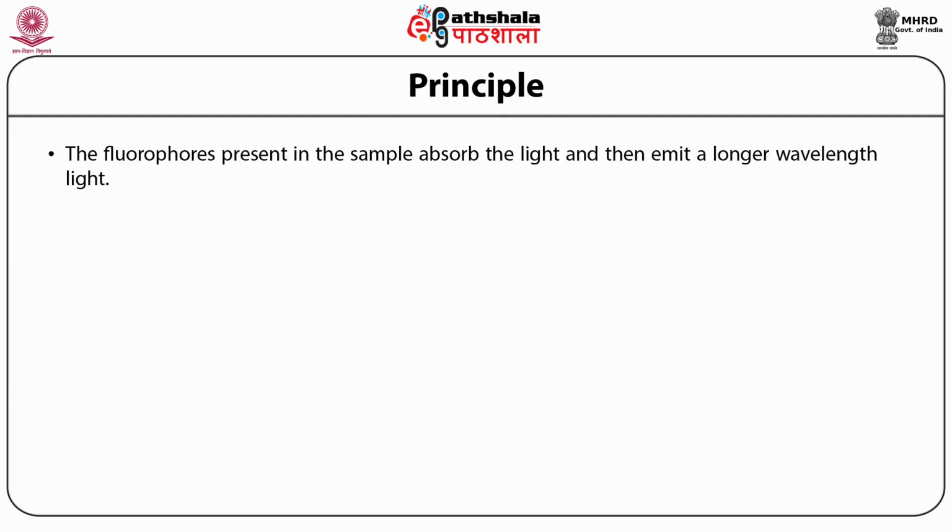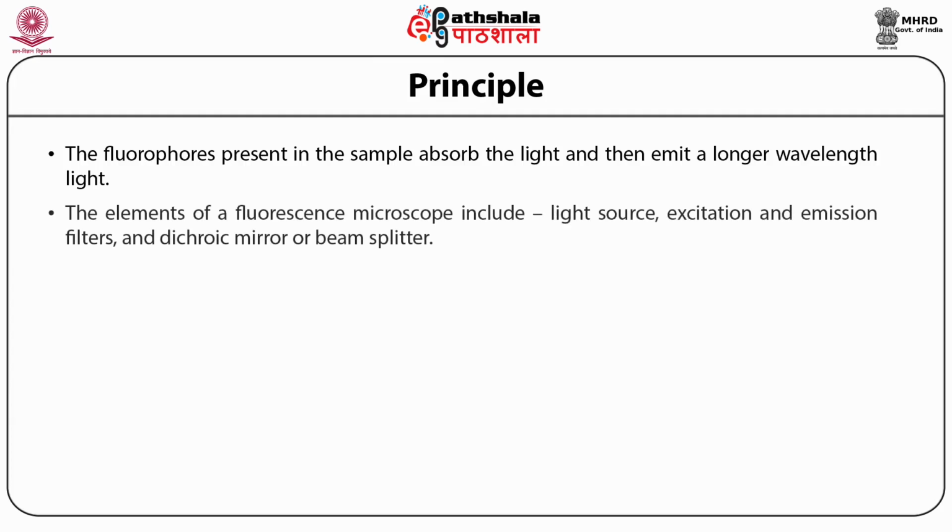A spectral emission filter separates the illuminating signal from the weak emitted fluorescence. The elements of a fluorescence microscope include a light source, excitation and emission filters, and a dichroic mirror or beam splitter.